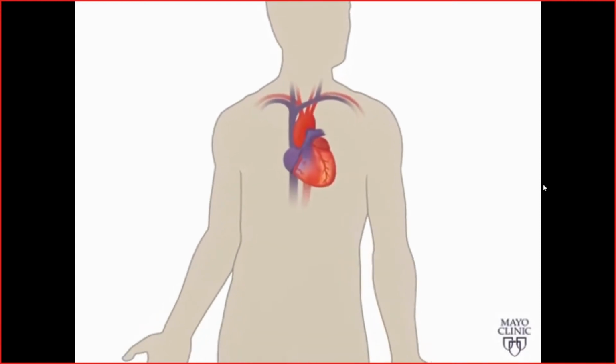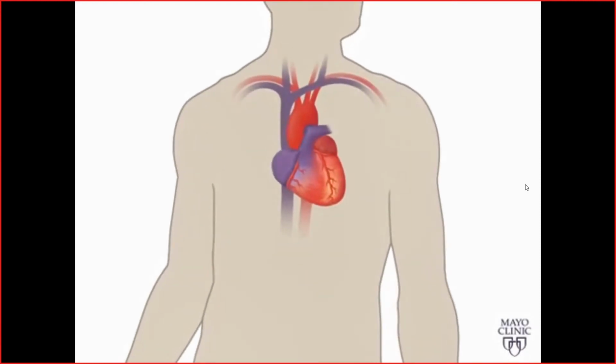Now here you can see that our heart, as we said before, is a muscle, and this muscle is called the myocardium. Myo is related to muscles, and cardium, in biology, cardio or cardium, is related to the heart.